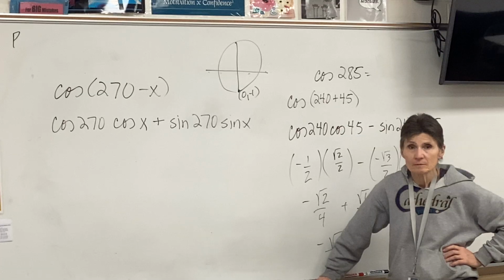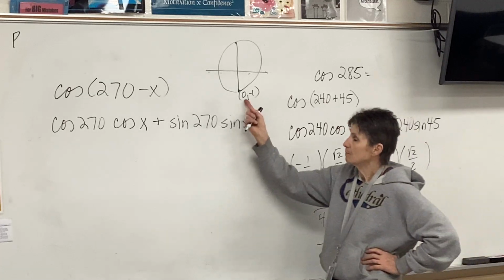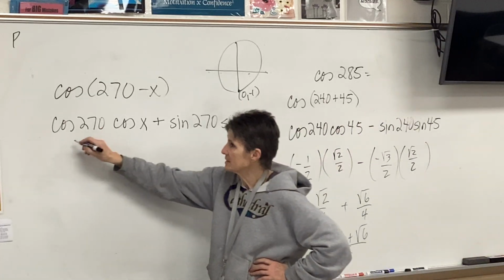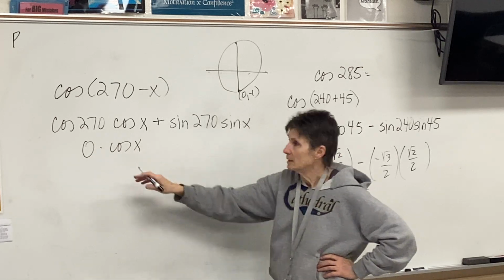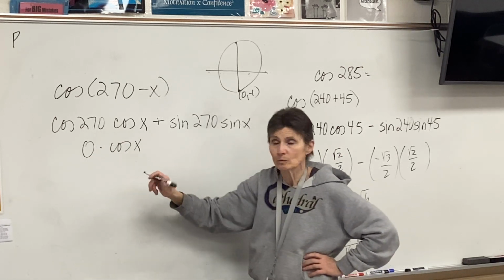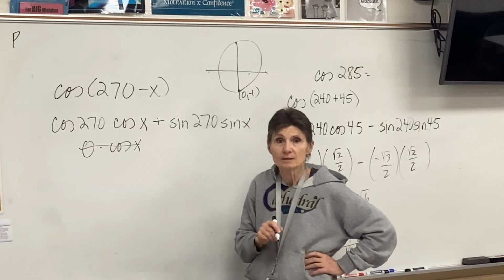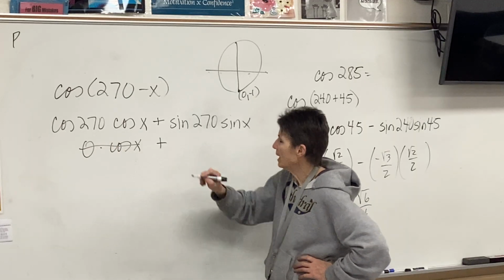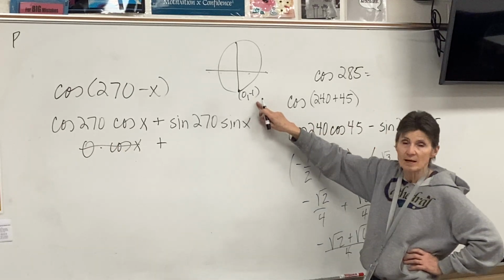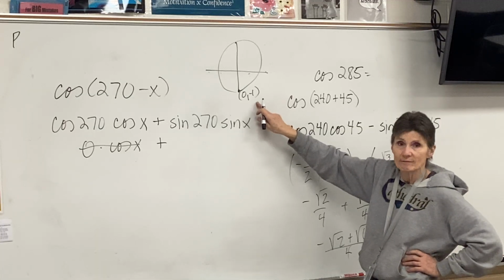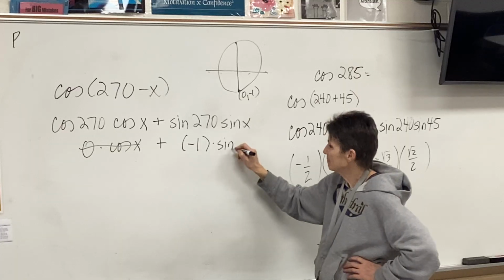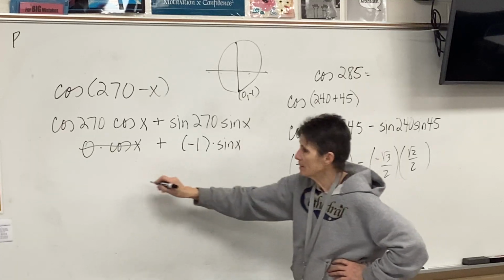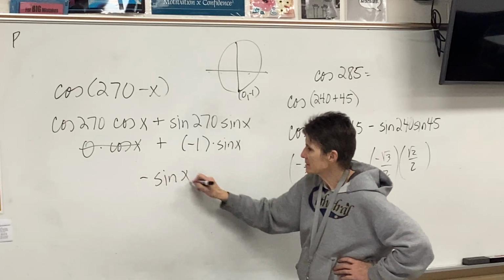Cosine is x, and x is 0, so this is 0. 0 times cosine, which, by the way, is just 0. Plus, all right, sine 270. Sine 270 is negative 1 times sine. So that's just going to be negative sine x.